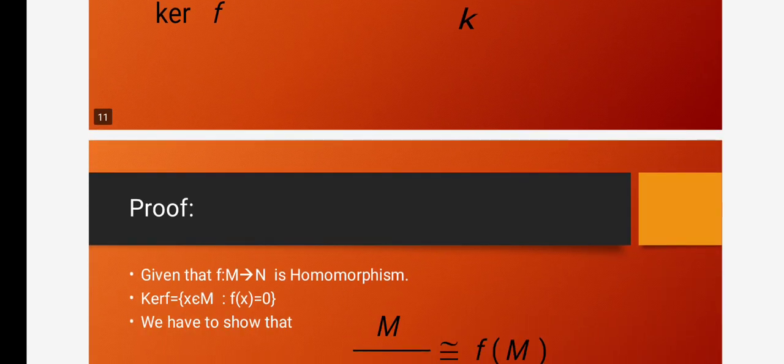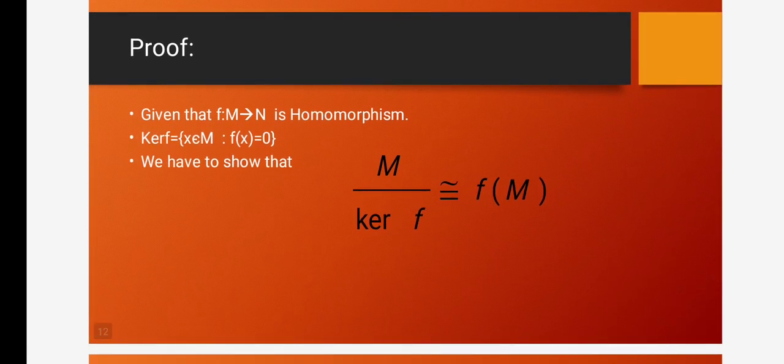Let's begin the proof. Given that f is a mapping from M to N, a homomorphism, and by the definition of kernel f we know that x belongs to M such that f of x equals 0.